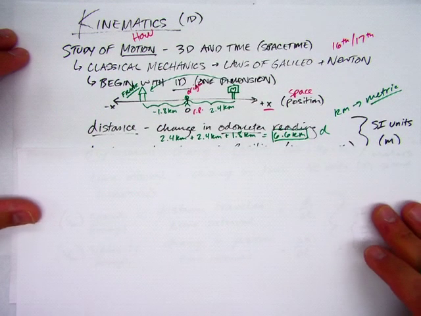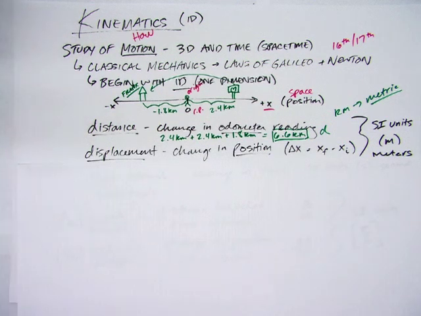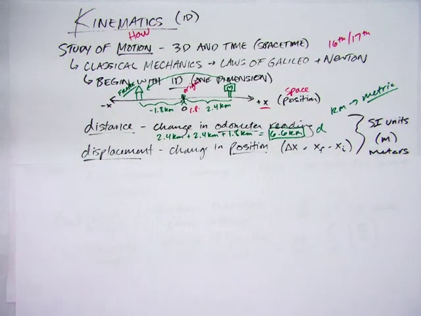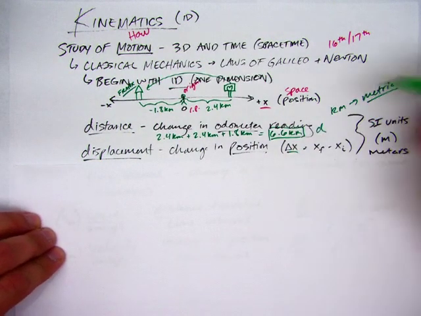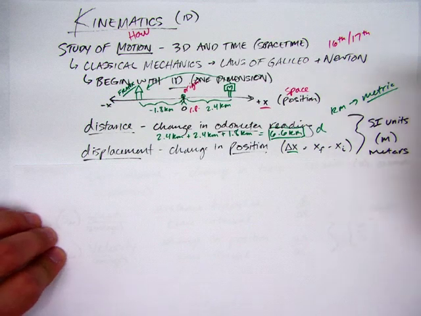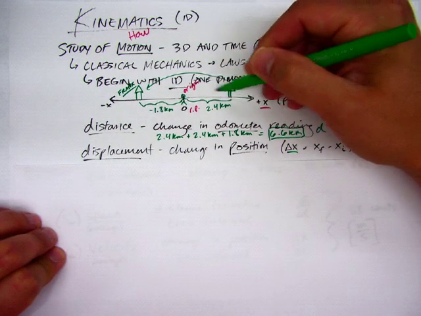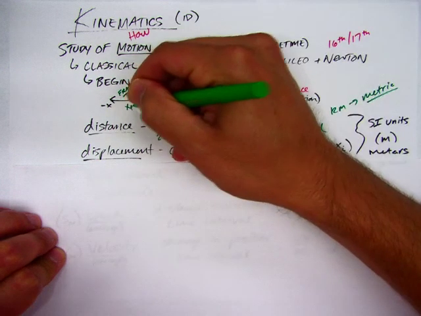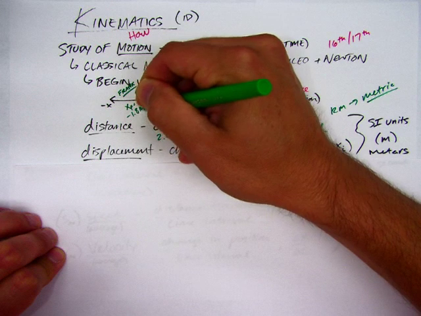The other way I can look at how I move through space is via displacement. Displacement takes into account my change in position. So from where I started to where I finished, what was my change in position? We use delta x, where x is for position, as our displacement. So I started at position 0. I went to McDonald's, back to where I started, and then over to Frankie's house. So my final position, x final, is negative 1.8 kilometers.